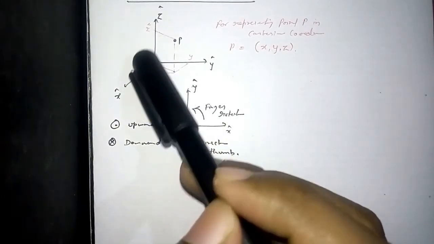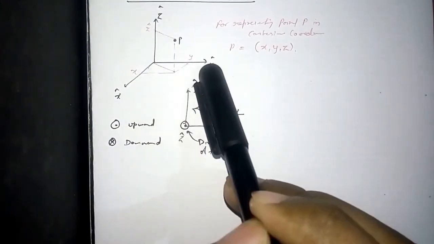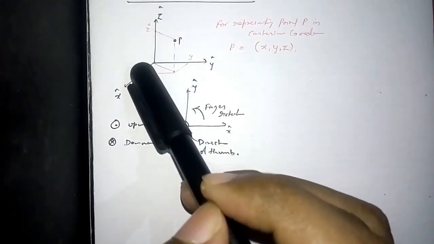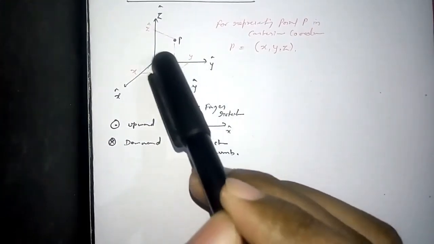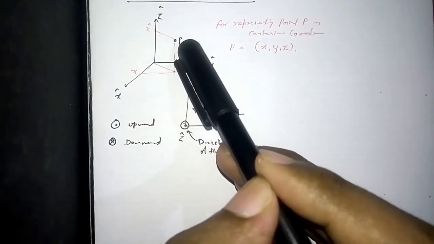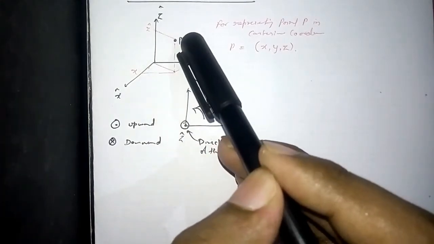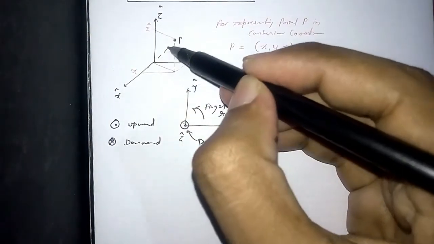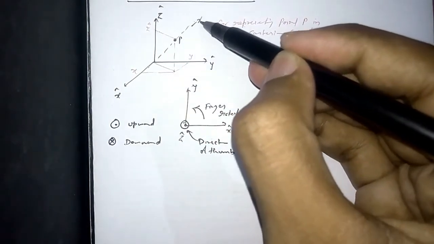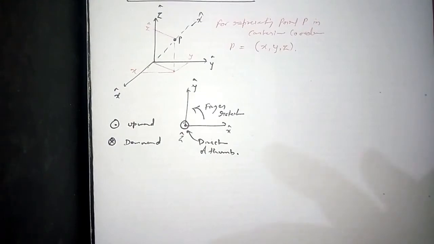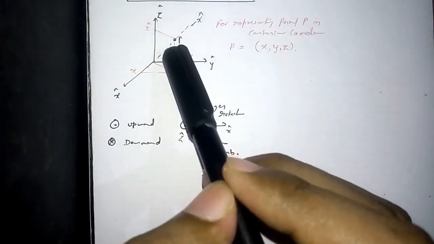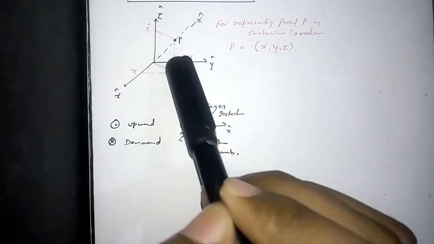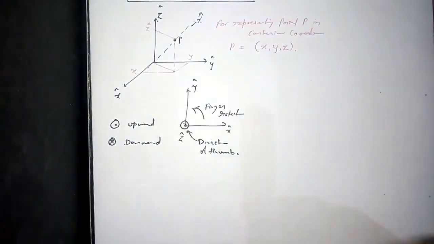If we discuss minus x cap here, our finger will rotate anti-clockwise, so minus x cap cross z cap will also be equal to y cap.